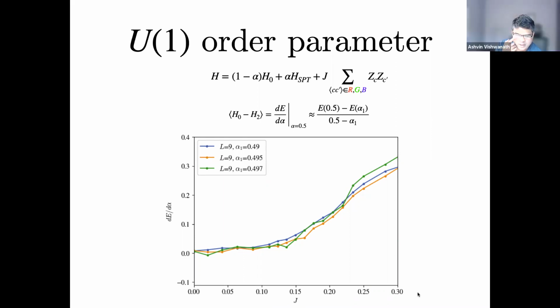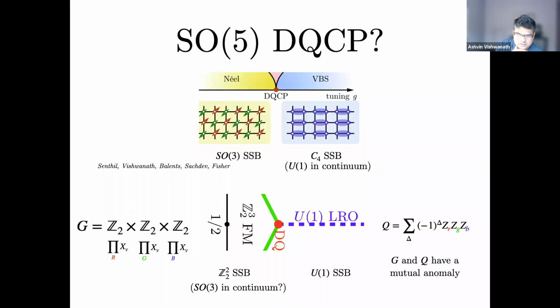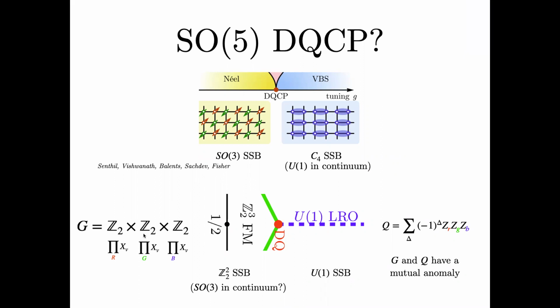So Nat, can you just go back one slide? I'm trying to remember whether you're saying this critical point is CP1 theory, non-compact CP1. You're saying it's the same as the Néel to VBS transition? Yeah, that would be the conjecture, because we can embed everything in this SO5.